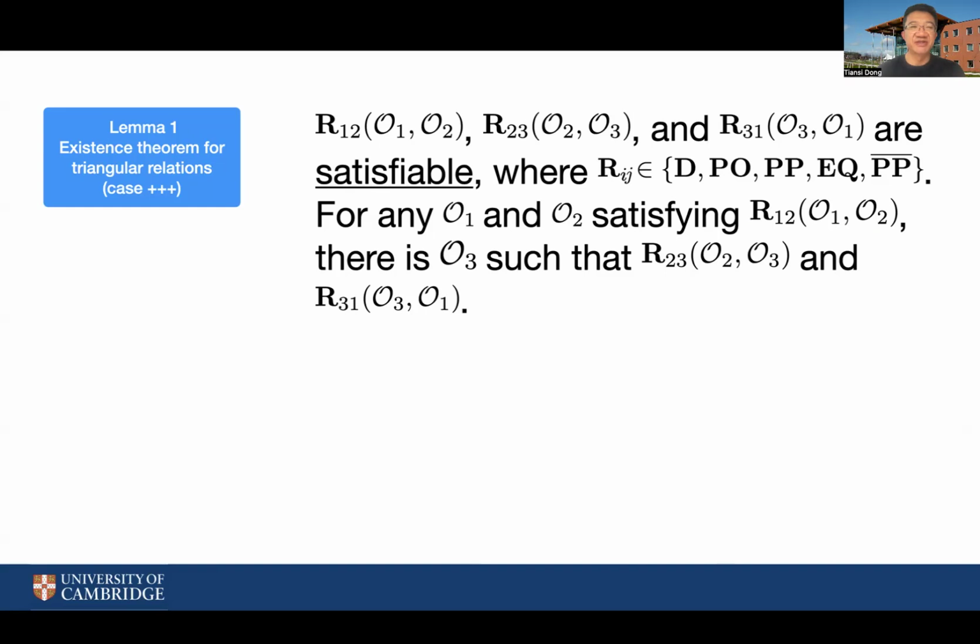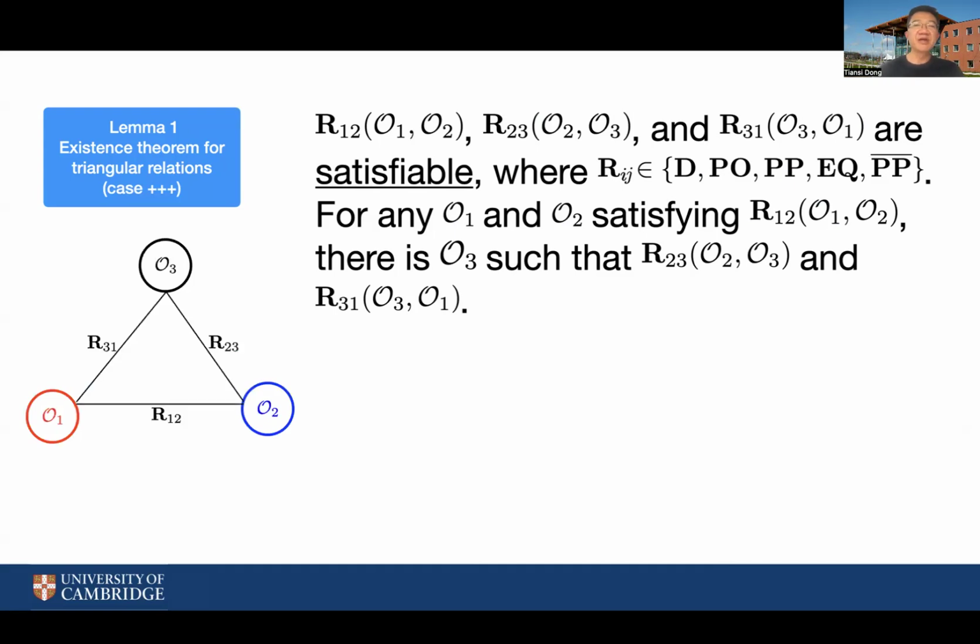We need to show that if these constraint relations are positive, then there is a configuration where the global loss is 0. Say we have three relations for three spheres, and all these relations are positive, meaning they are D, PO, and PP, equal and contain.